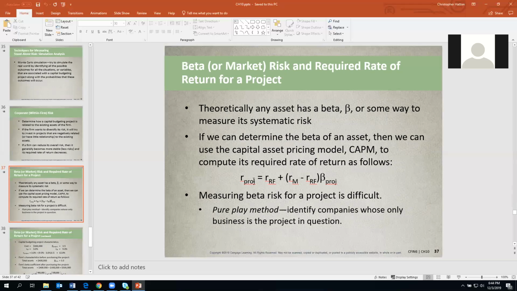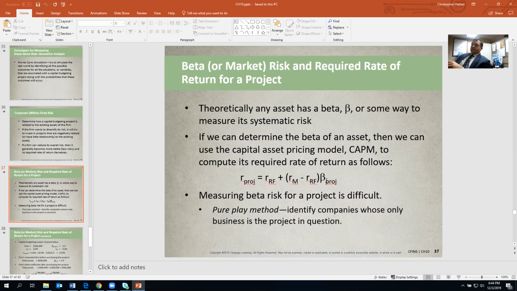Return from the project equals the risk-free rate plus your rate for project M minus the risk-free rate, times the beta of the project.